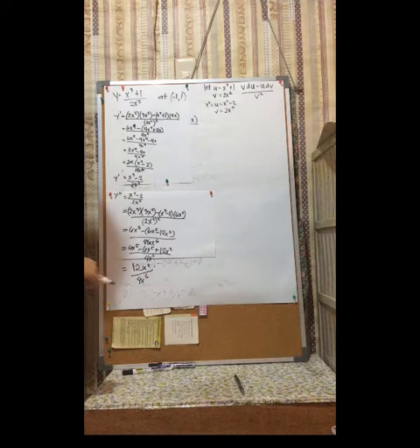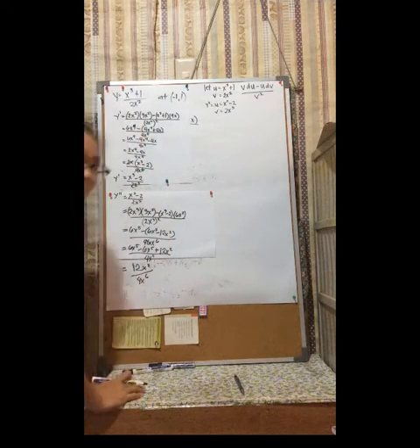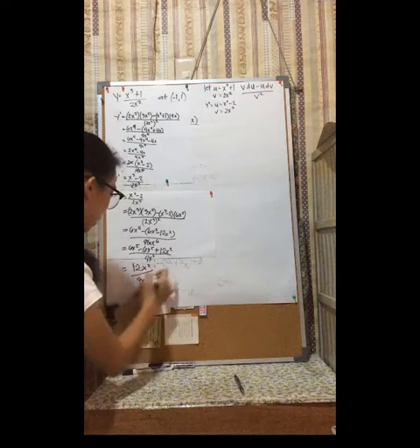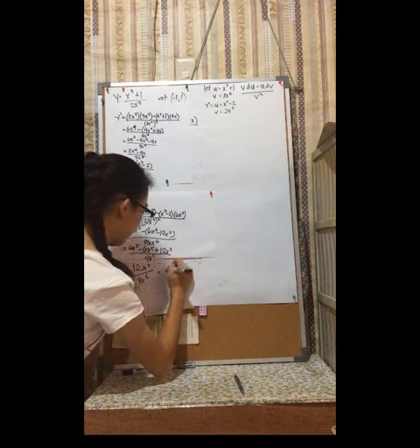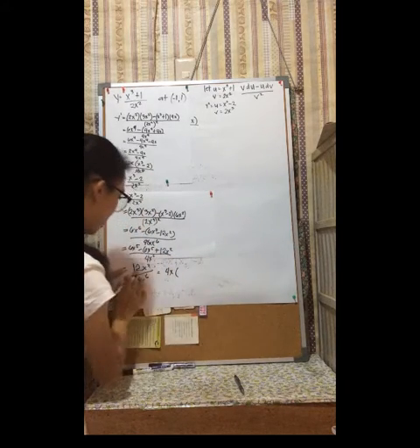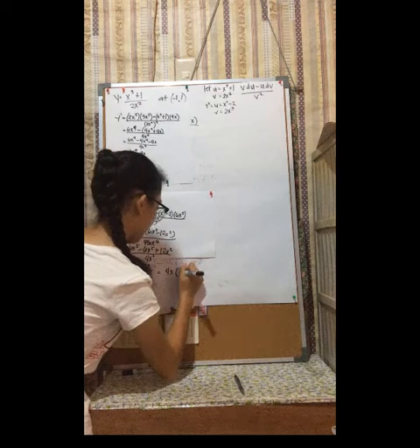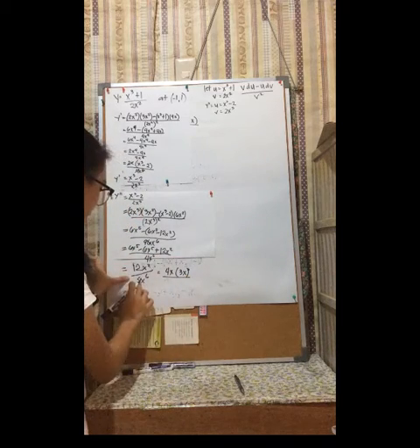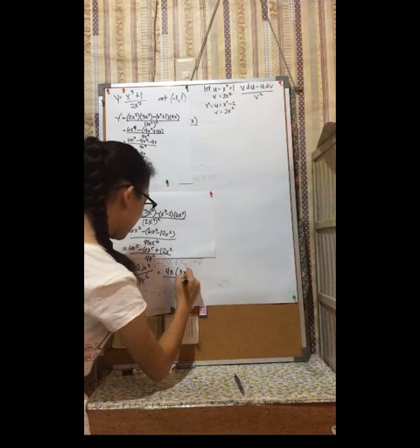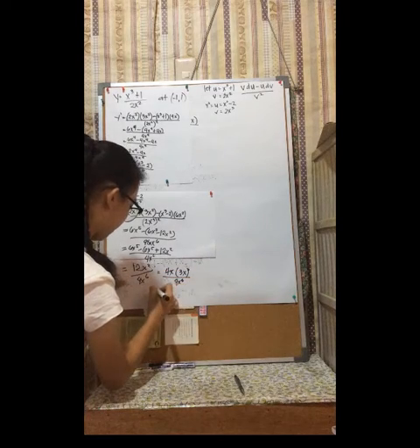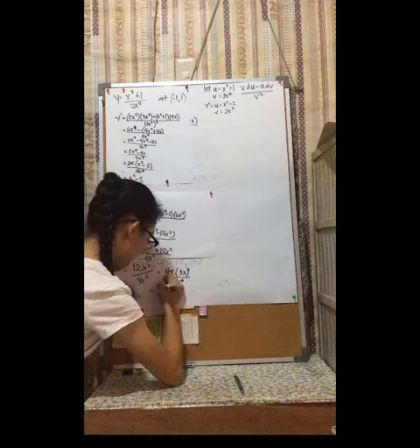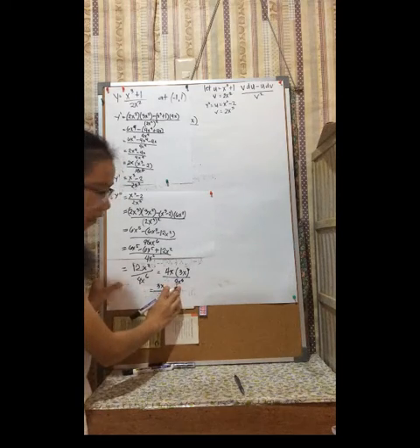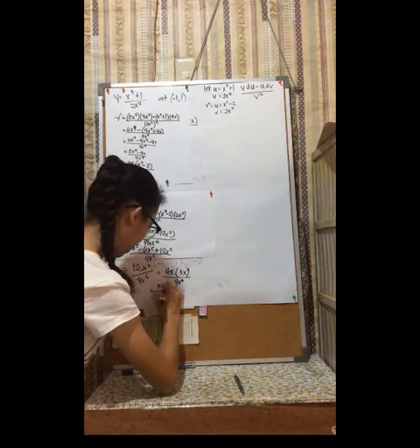If we simplify this equation, removing 4x, what's left is 3x over 4x to the 6th power divided by 4x, which is simply x to the 5th.